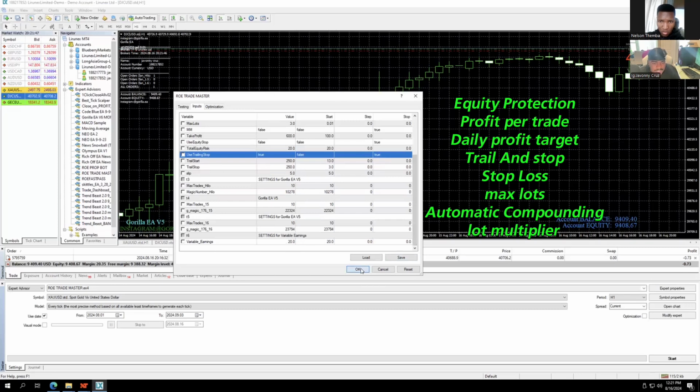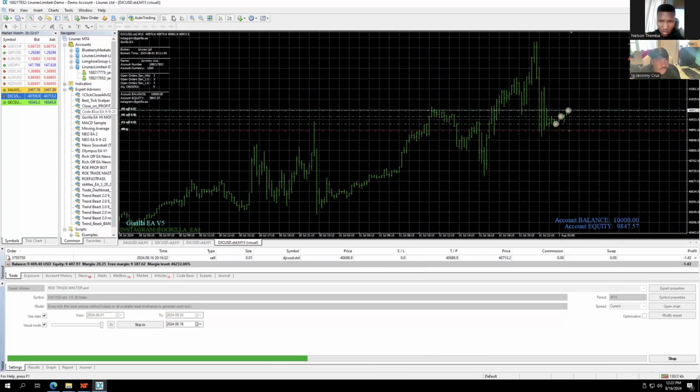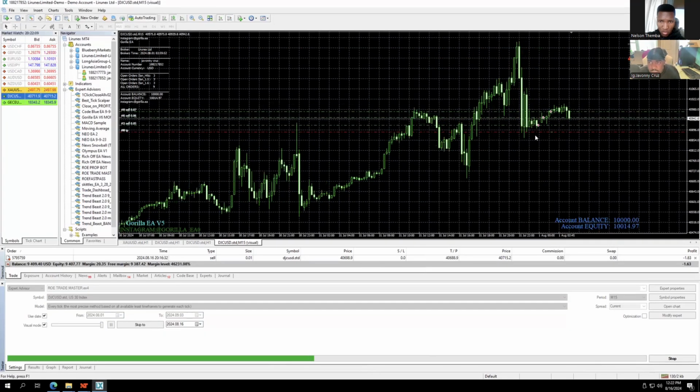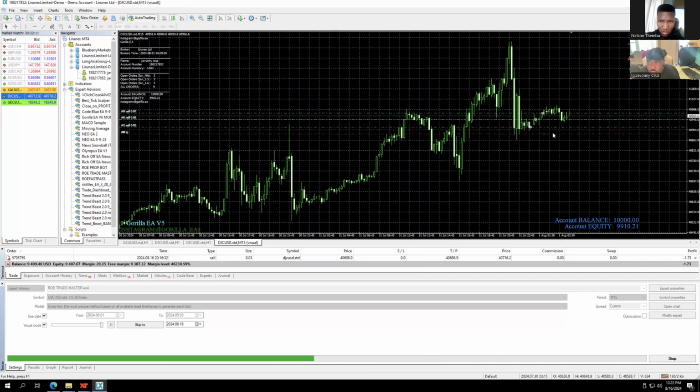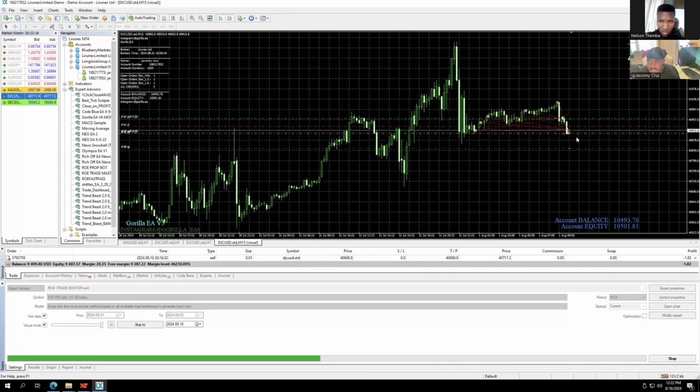So I wanted to simulate for you so you could see how it trades. And you see, now the TP will move up, trail and stop.